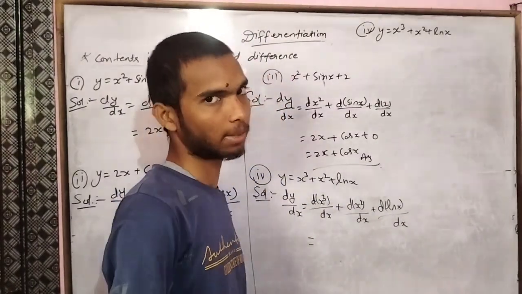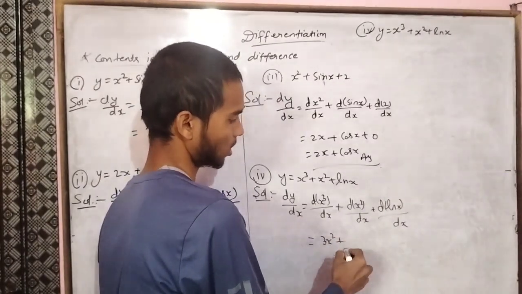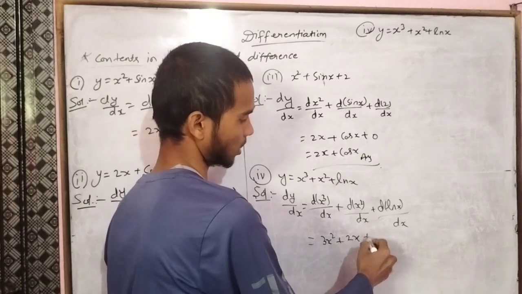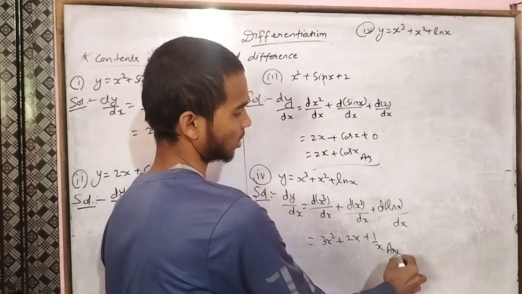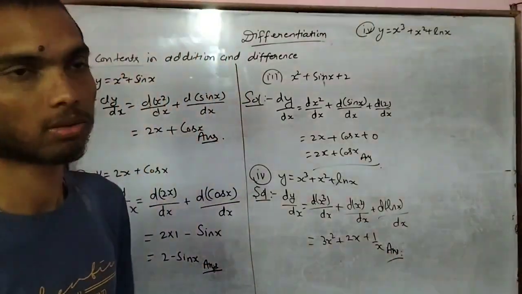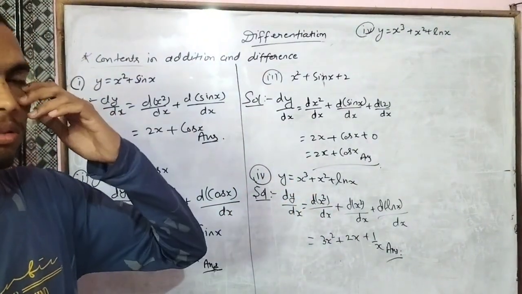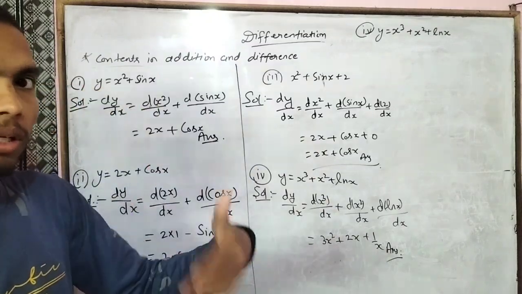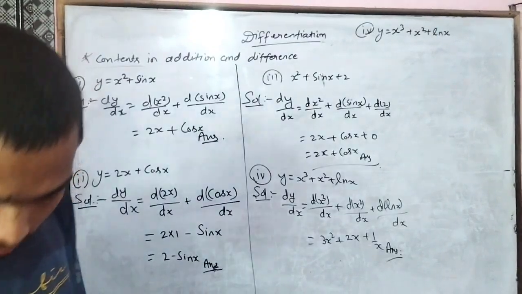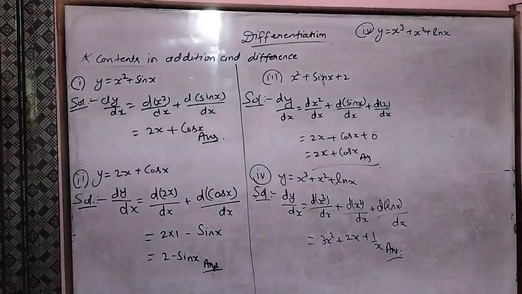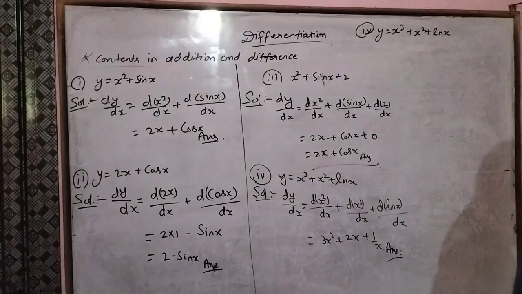So x cubed can be written as 3x square, then 2x, and 1 by x. This is the final answer. We converted this equation into a differentiation equation. Got it? Just have a look at this question for a few seconds, then I will move on to the next.